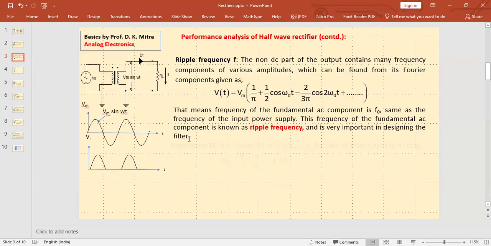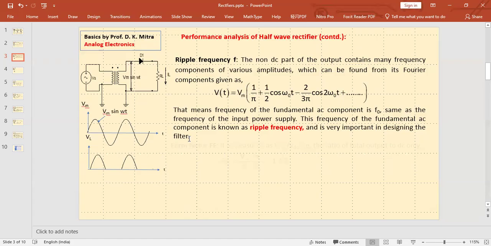Because when you design a filter, your first point is which frequency you want to remove. And mind it, the lower is that frequency, the costlier is the filter. You remember this thumb rule.